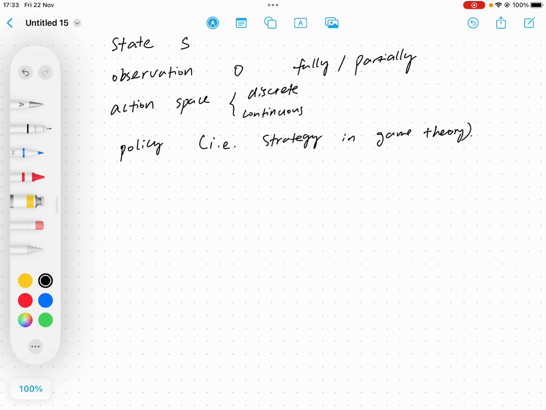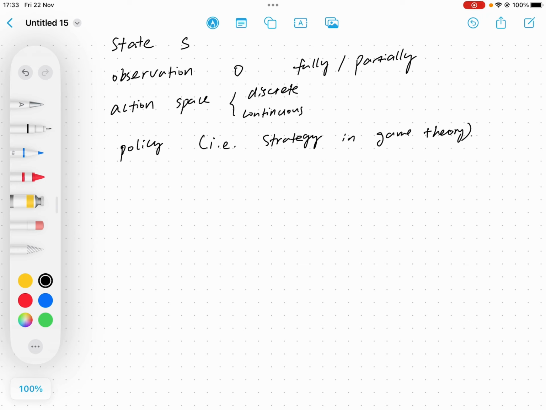And this has to be the most important part, because the goal of reinforcement learning is to study or learn some optimal policy, this optimal strategy for the agent to act according to, right? So that is very important.